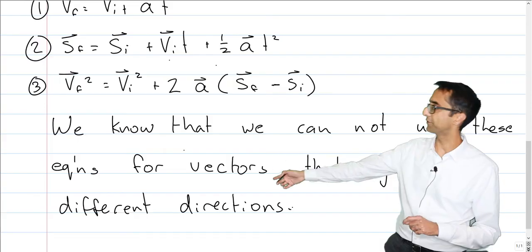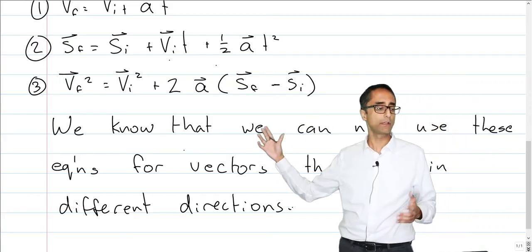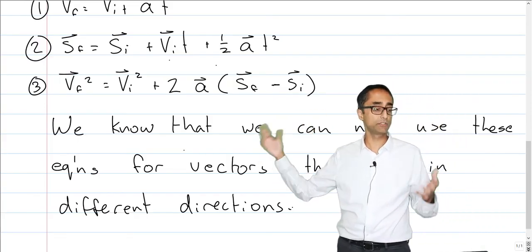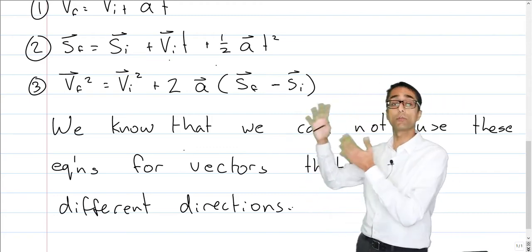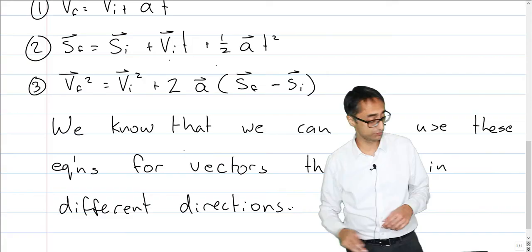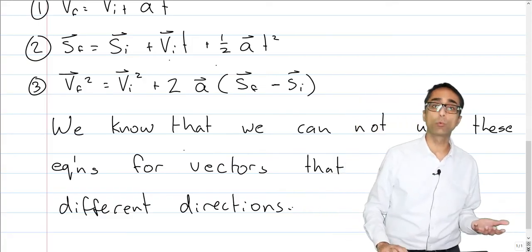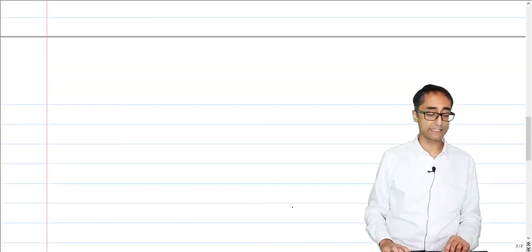Can't just use Vf squared equals V initial squared plus 2a times Sf minus S initial if all those vectors are going in various directions. These equations only work if everything is going in the same direction.